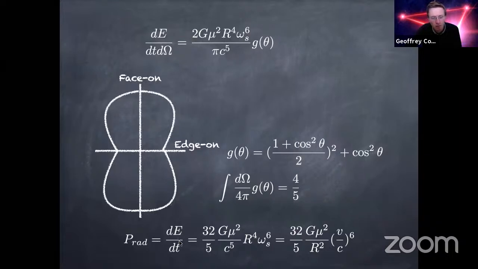So the total power radiated, if you integrate over theta, is given by this formula. And you can rewrite it in terms of the source frequency, or in terms of the velocity, as given here. Okay, so that's just for information. And it's a huge amount of power. You have to compare that to standard astrophysical powers.